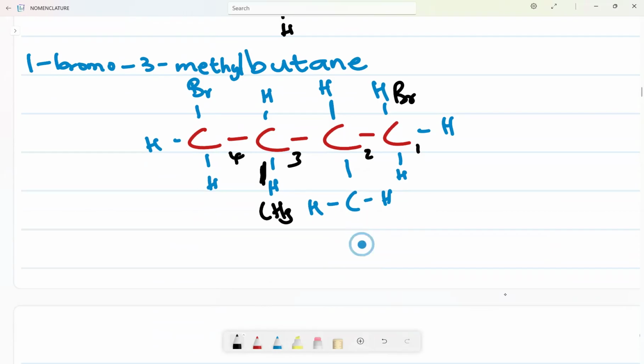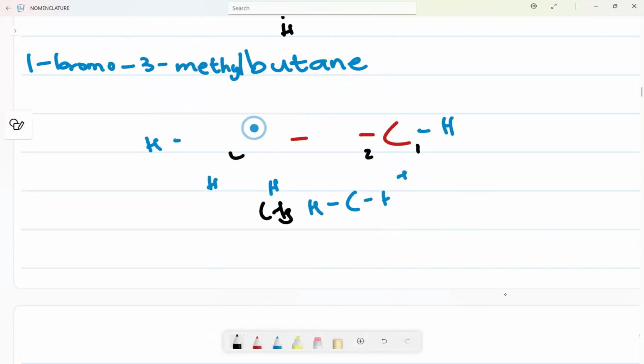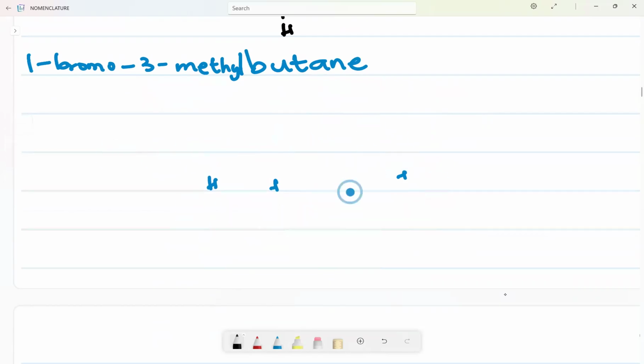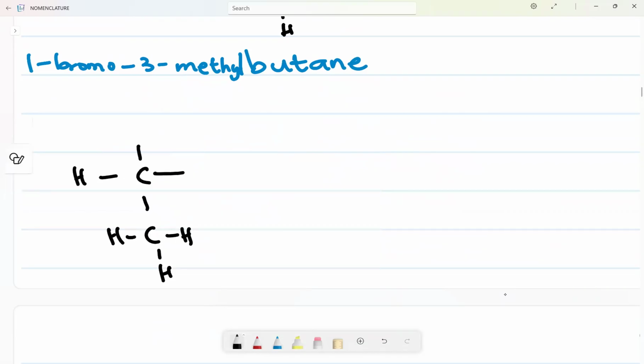Yes. Let's have one example on naming haloalkanes now. Let's say I have another C here and here, then I continue like that.